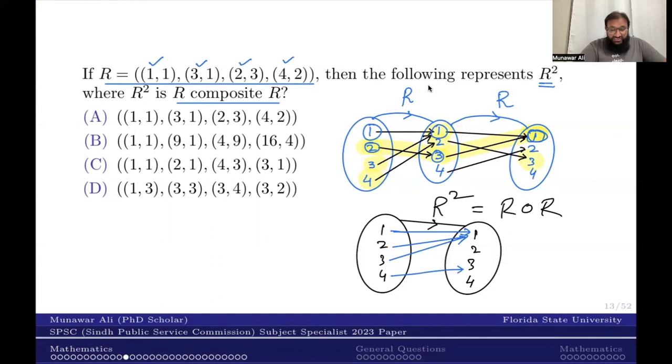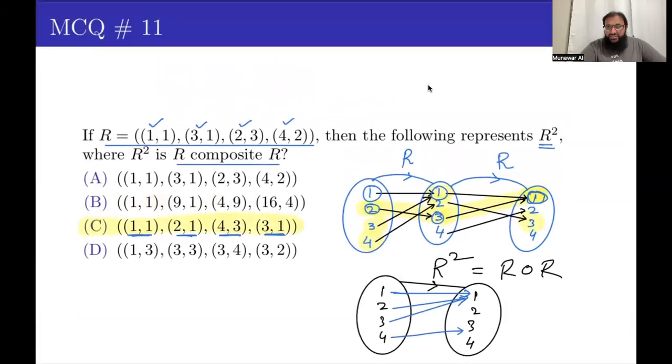So we have to select the correct option. 1 goes to 1, 2 goes to 1, 3 goes to 1, and I think the correct option for this one is C, which says 1 goes to 1, 2 goes to 1, 3 goes to 1, and 4 goes to 3.